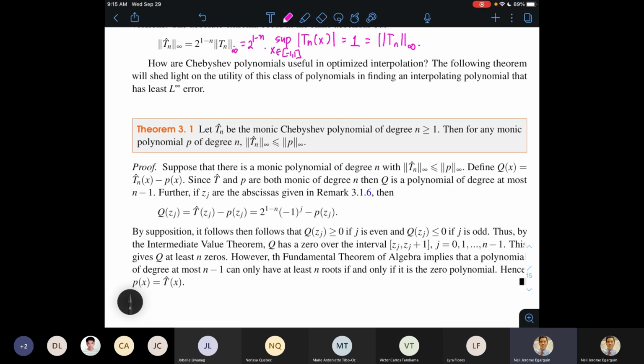Ang gustong sabihin ng theorem 3.1, kapag kinolekta natin lahat ng monic polynomials of degree n, lahat sila, tapos kinuha ko lahat ng L infinity norm nila, it is guaranteed that the monic Chebyshev polynomial will get the smallest L infinity norm. Okay? So, siya yung may minimal L infinity norm.